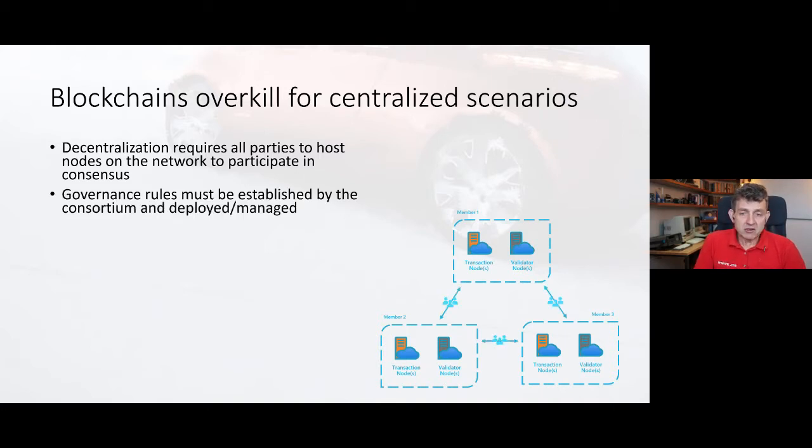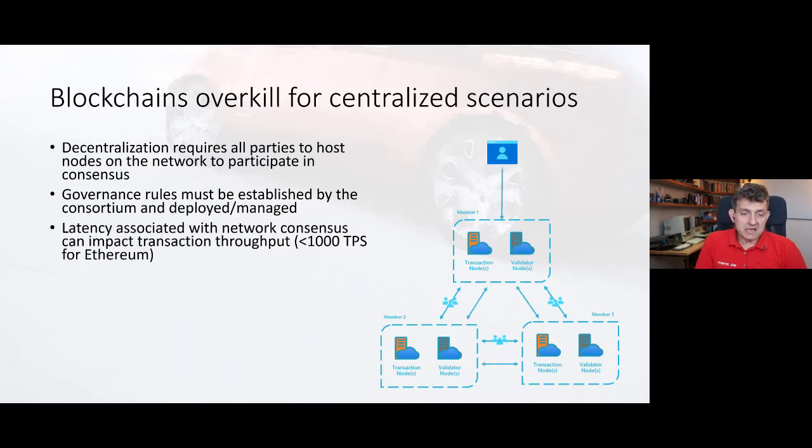Then another problem is that governance rules must first be established. People need to agree on these rules, they need to be laid out, and so there needs to be a consortium that lays out these rules. Then they need to be deployed across all of the nodes and managed, because typically governance rules change over time. And so this introduces overhead, complexity, and risk, of course.